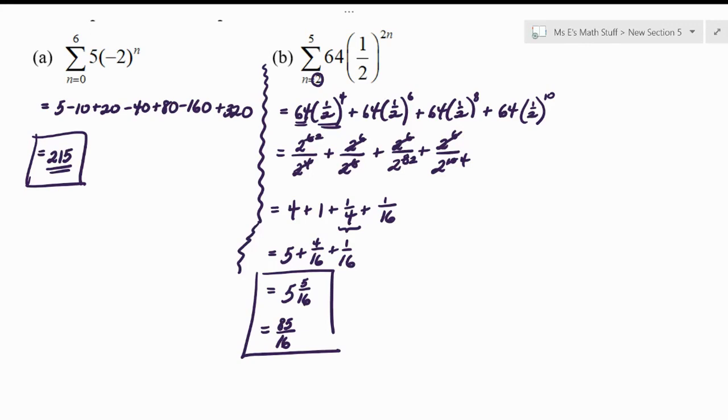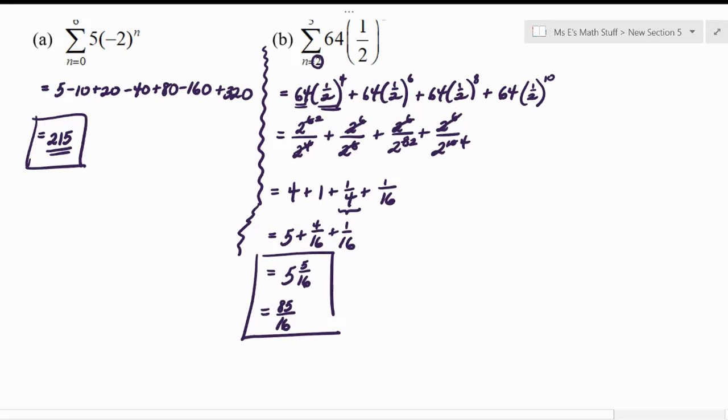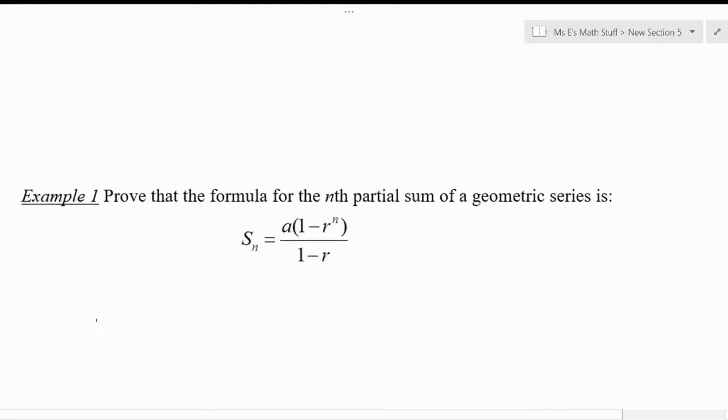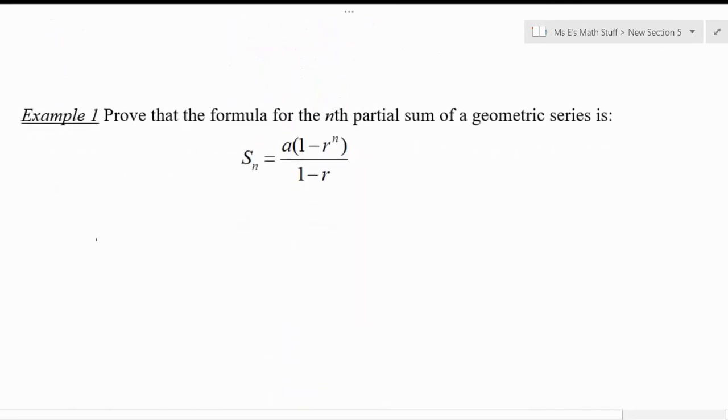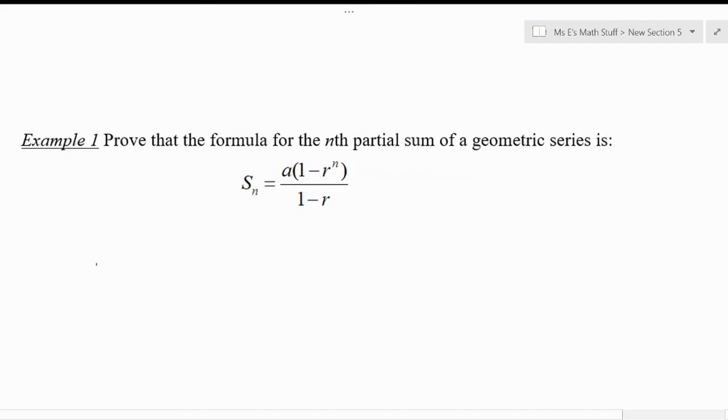Like in part A, we had 7 terms, and for part B, we had 4 terms. And it has to be for a geometric series. In the next example, we're going to prove what it is. But for now, let's go ahead and just tell you what it is, and then we'll practice using it.